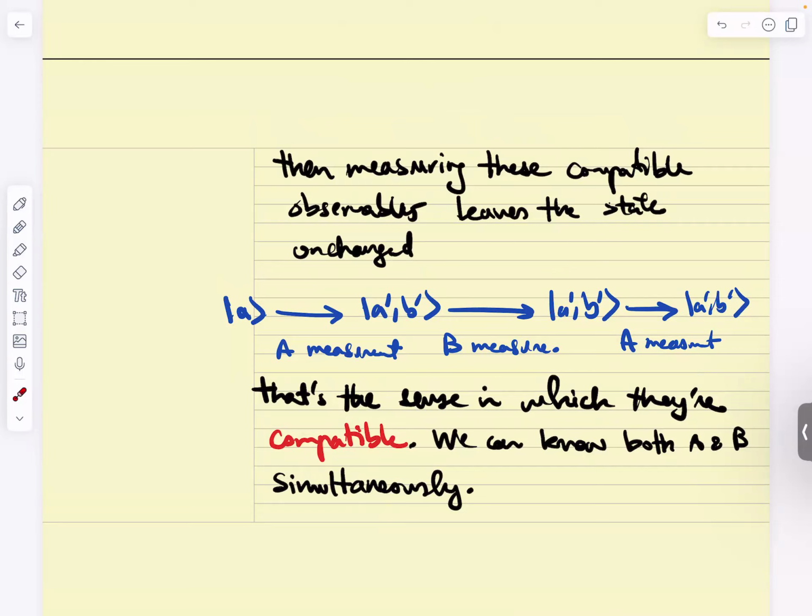Commuting observables is a mathematical statement about self-adjoint Hermitian operators that we mapped. We're using commuting observables to describe the setups in our Stern-Gerlach or whatever experiment where we could simultaneously measure things. What measurements could we do simultaneously in Stern-Gerlach? An example is S squared and Sz, right? So we would use commuting observables for that.